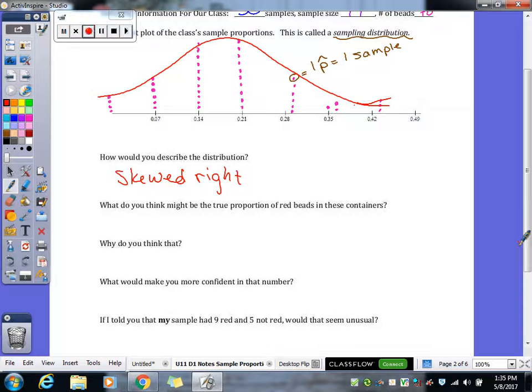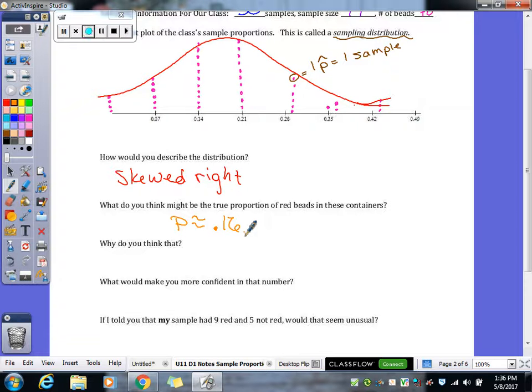If we had to estimate what our true p-value was, based off of all of these p-hats, what do you think it would be? Kind of looks like it's a tie between these two, right? So what would be in the middle there approximately? Yeah, like 0.16, 0.17, somewhere in there. So, approximately, I'm going to say that my true proportion would be 0.16.